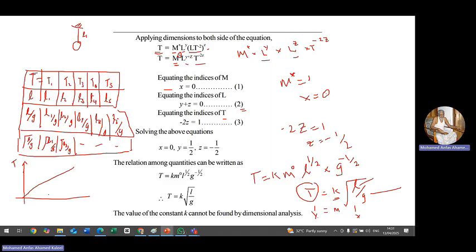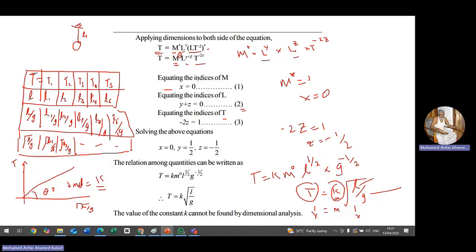So T is here, and this is root L over G. This gradient is theta, so tan theta is equal to K. So by experiment, we can find K here to derive the full formula.